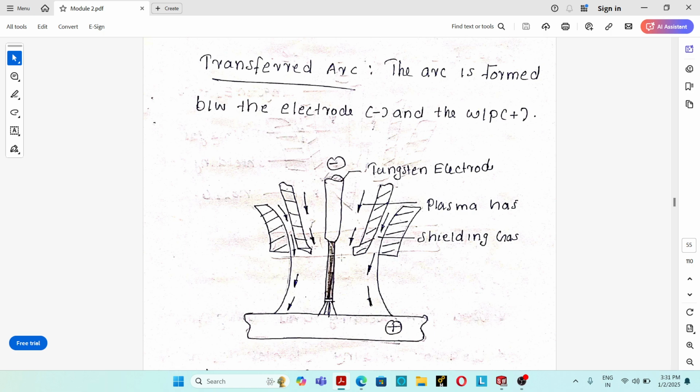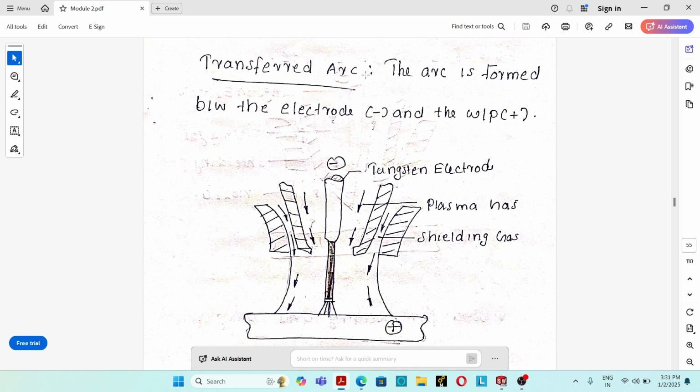The plasma gas, argon, helium, etc., gets ionized due to the electric arc between the electrode and the workpiece, and that ionized plasma gas produces a high energy flame. Due to that high temperature flame, the metal piece melts where welding is taking place.